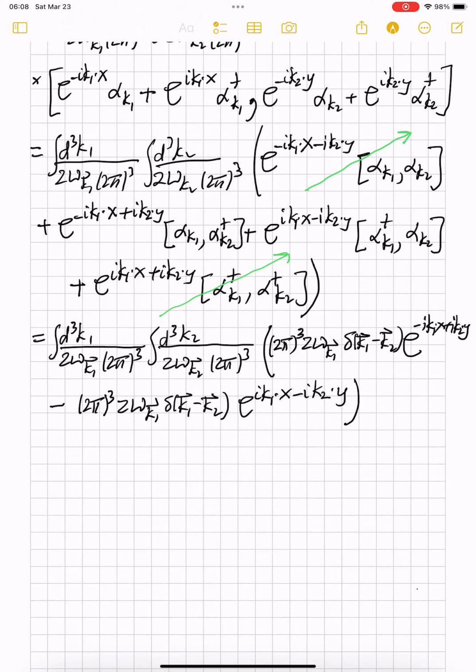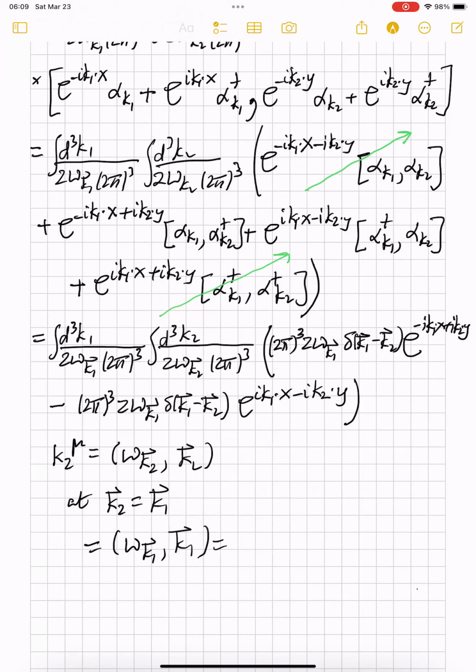Now remember what k2 looks like. k2 is a 4 vector: we've got omega k2, and then k2. So if we evaluate this at k2 equal to k1, then we get omega k1, comma k1, which is k1 mu.